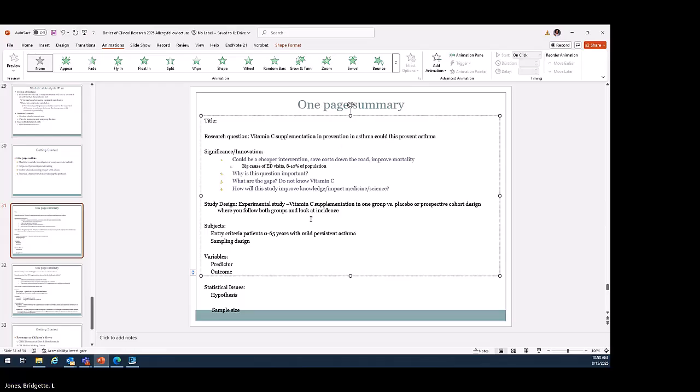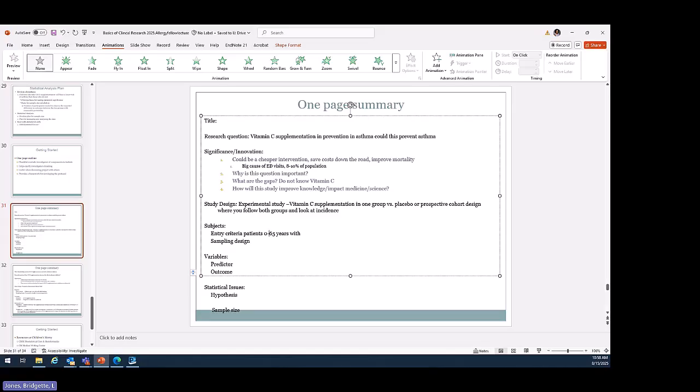Most patients get an asthma diagnosis usually in childhood, right? So you might want to think about even before they have a diagnosis.